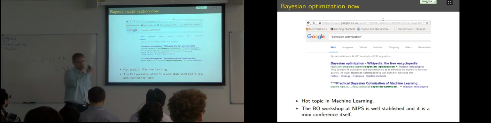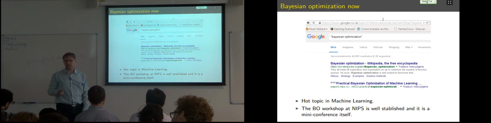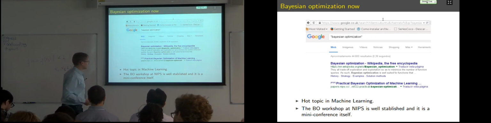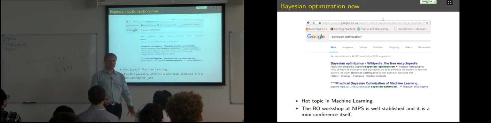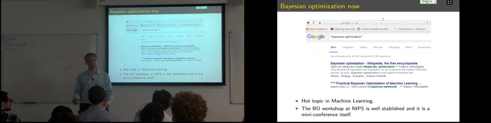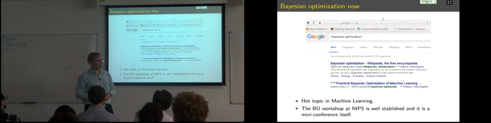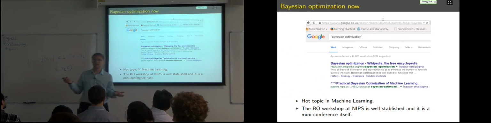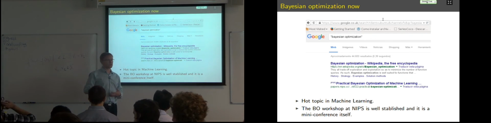So if you're interested in these things and you go to NIPS, I suggest you go to the workshop. You have other workshops related to this, not only the one which is specifically for Bayesian optimization, but things like the AutoML workshop and constructive machine learning workshops, which are all built around this type of ideas.